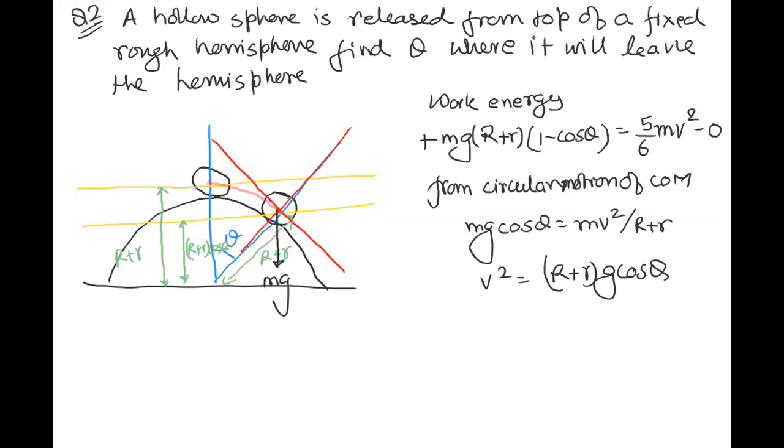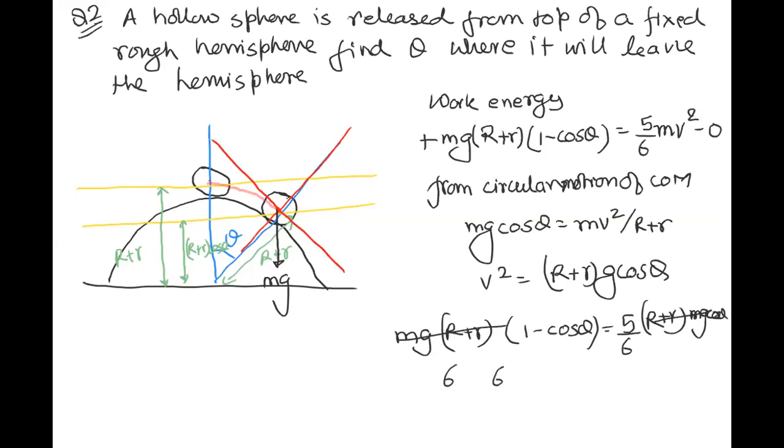Therefore, I get mg(R plus r)(1 minus cosine theta) equals 5 by 6 (R plus r) mg cosine theta. 6 minus 6 cosine theta is equal to 5. What did I do wrong? Sir, it is right. That will be 5 cos theta.